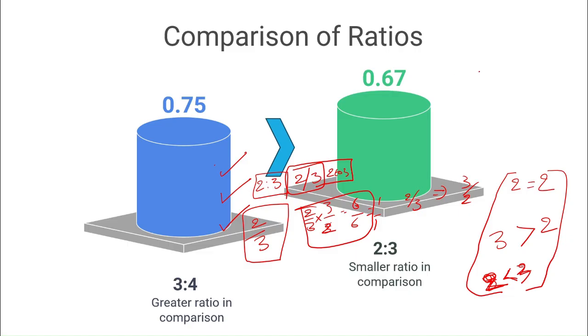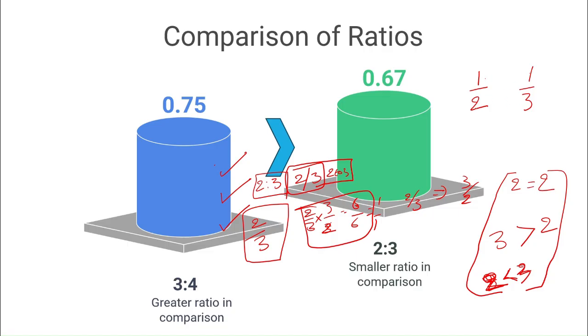For example, you have fractions like 1 by 2 and 1 by 3. Now you want to decide which is greater. If you see differently, 1 is equal to 1, 2 is less than 3.